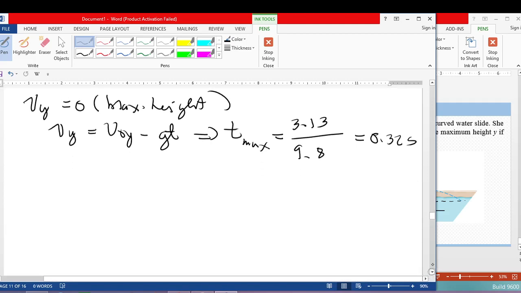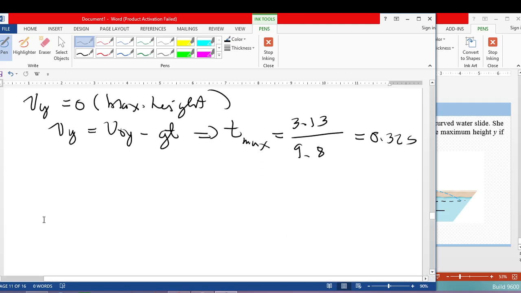So it takes 0.32 seconds for the child to reach the maximum height in the projectile motion. Then we can use this expression to find the maximum height. The initial position is 0.